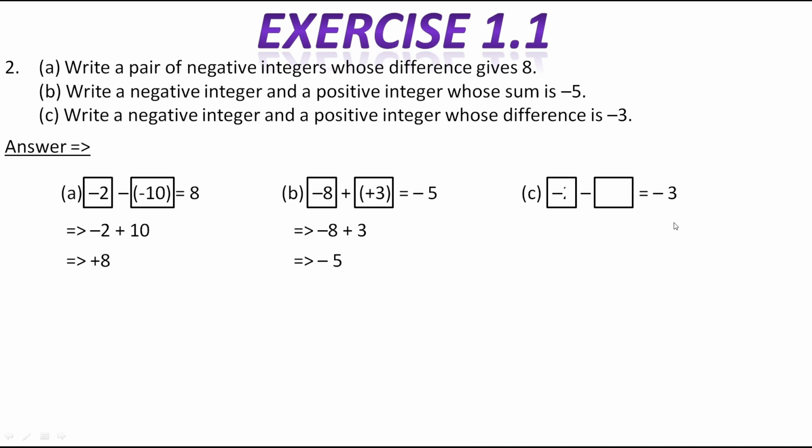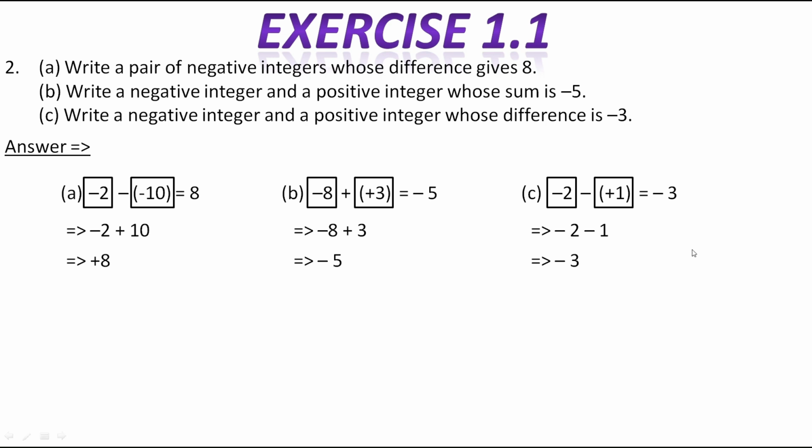So I am taking the numbers as minus 2 and plus 1. See here, this minus 2 will remain as it is, but this plus 1 will become minus 1 because of this middle minus sign. So both the numbers have the same sign, so we have to add them. 2 plus 1 is 3 with a minus sign, because the bigger number has a minus sign.